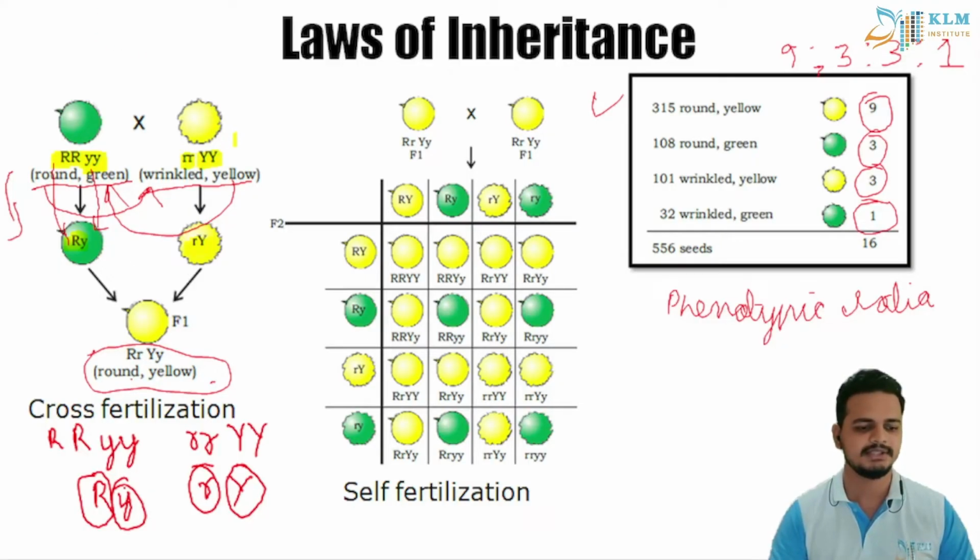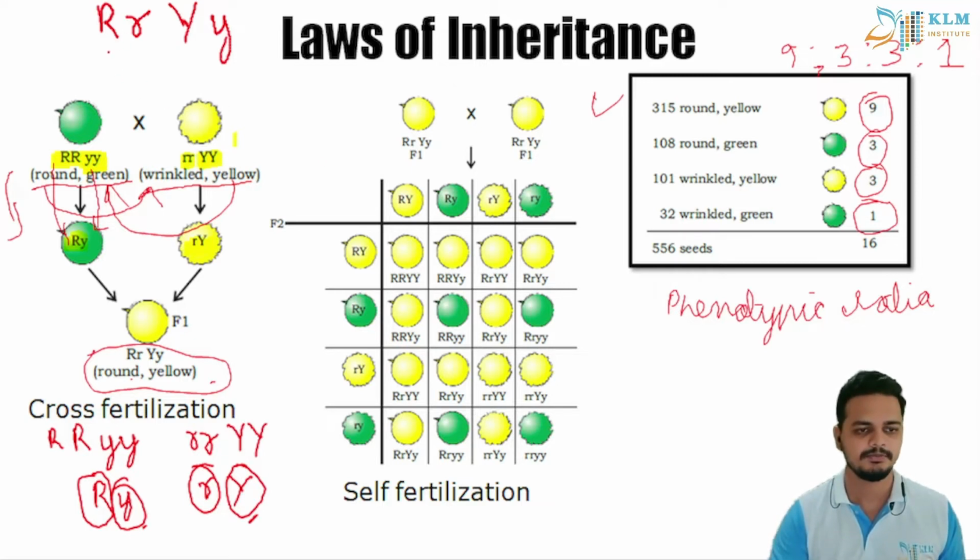So you can just see whatever the small r and small y are present, you can write it in order, or small r and capital R. So capital R comes first, then what do we have? We have capital Y and small y. So this is the F1 generation. Then now we have to form other gametes.